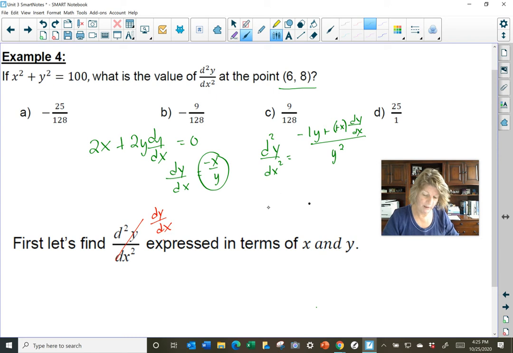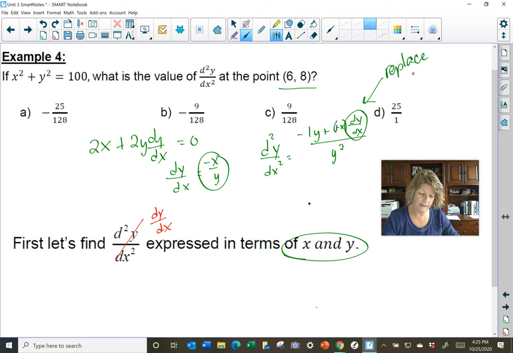This will give me a plus in here. Now, if I wanted this expressed in x and y, then I need to replace this, and that, if you remember from when we did implicit, replace with the dy/dx, which was equal to negative x over y.